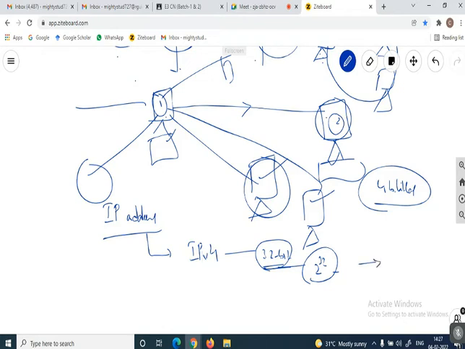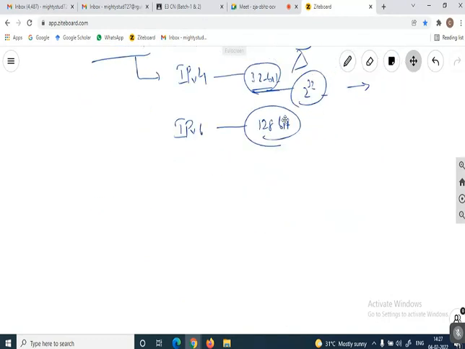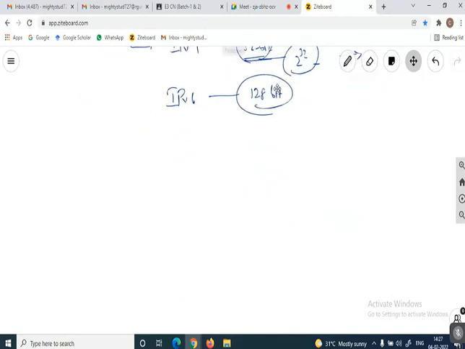That is the next version, Internet Protocol version 6, where we have a 128-bit representation for the IP address. With 128 bits, it is 2 power 128, which means an almost unlimited number of address spaces. So we can connect an unlimited number of computer systems for communicating data.